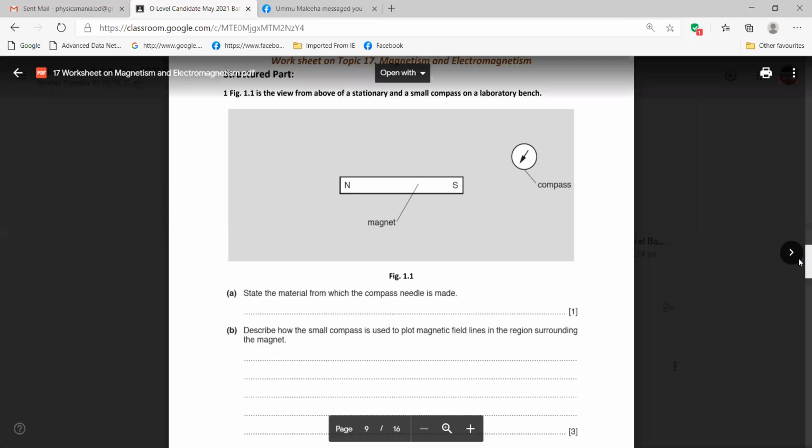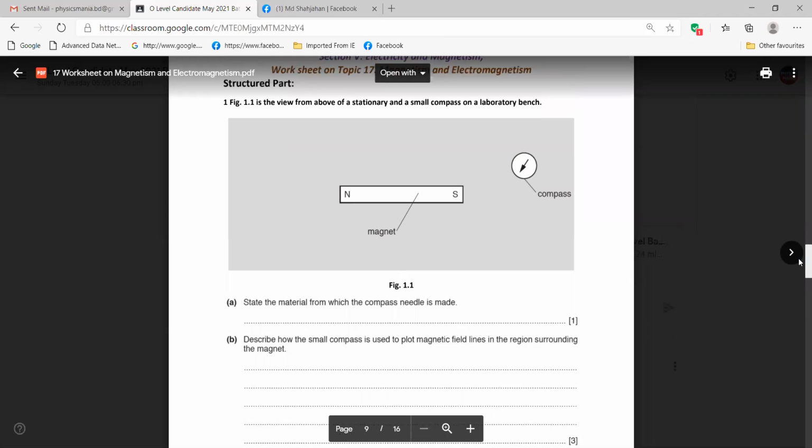If you pass some current through wires and inside the wires there is one iron core, then this iron core turns into a magnet, right? So this iron core is becoming a magnet due to electricity. That's why it is called an electromagnet, and it is a temporary magnet, right? Temporary magnet means if you stop the current, then it will no longer be a magnet.